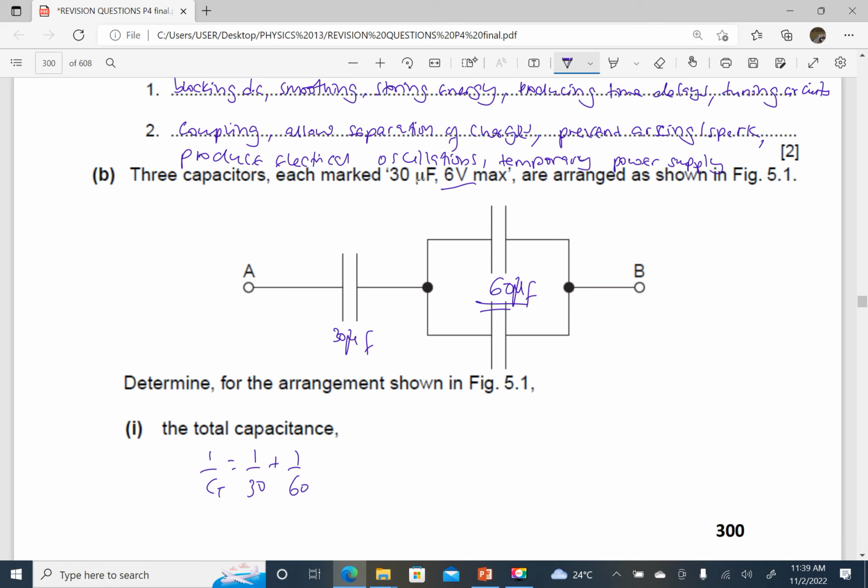Note that the PD in parallel is going to be half the PD in series, because capacitance is inversely proportional to the PD.